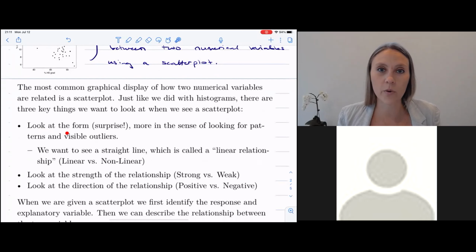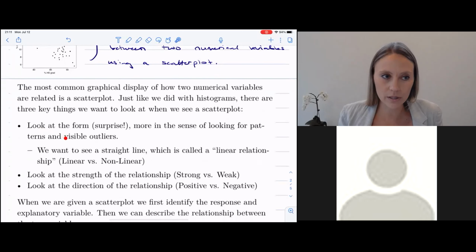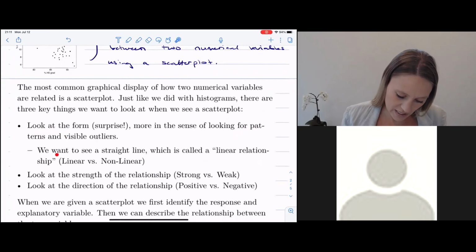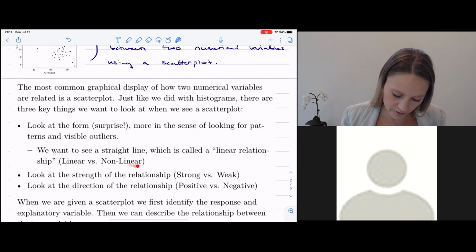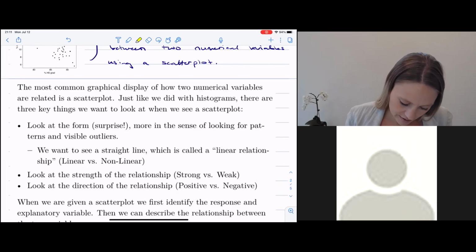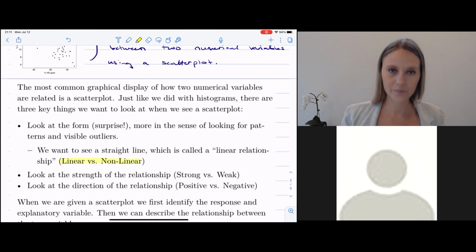We have to look at the form, or if you want to call it the shape, that's totally fine too. And so what we're looking for is patterns and visible outliers. And we want to see a straight line, which is called a linear relationship, right? A straight line is linear. And we're going to categorize as either linear or non-linear, right?